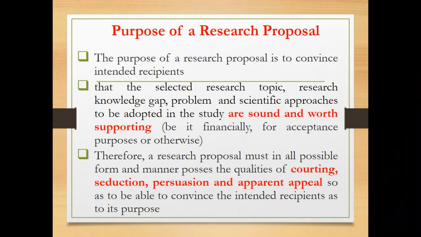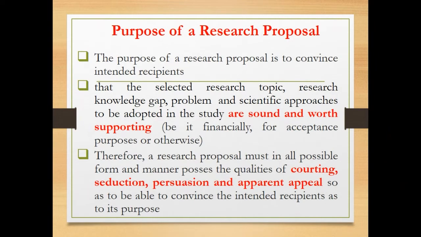If I'm writing a proposal for academic purposes, then I usually have 3 or 4 recipients. The first one is I must convince my supervisor, potential supervisor, if I haven't selected him yet. I must convince the department committee that reviews those topics and then shares within the Departmental Research and Innovation Committee that will then look at it and say, I think the best candidate to supervise this work is this one.